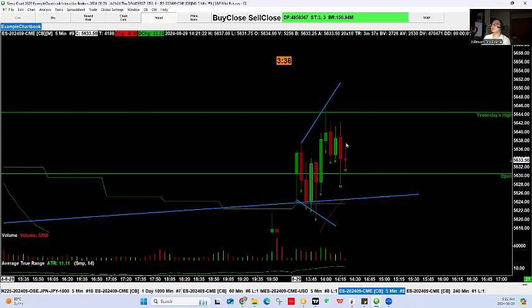If it closes as a bull bar, that's an IOI bull entry. If this bar closes at its high, it's an IOI buy entry.